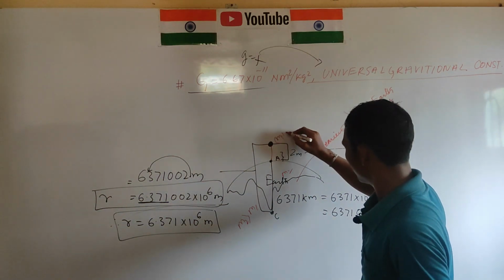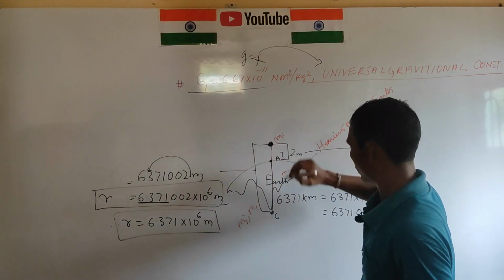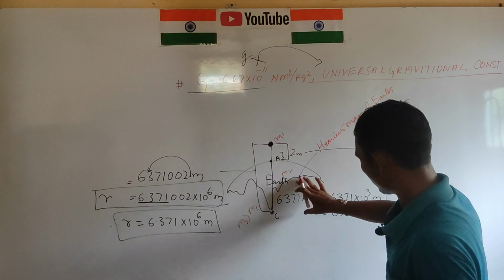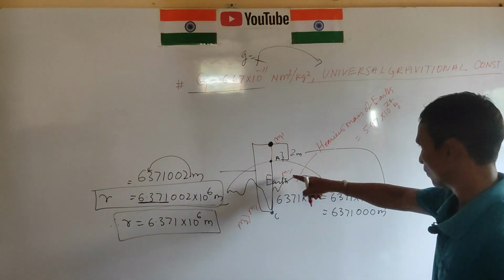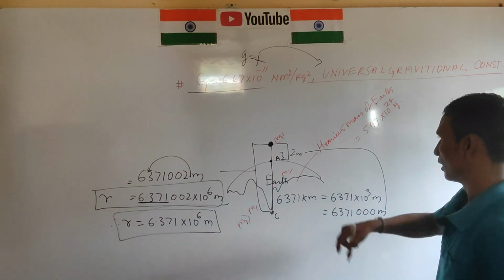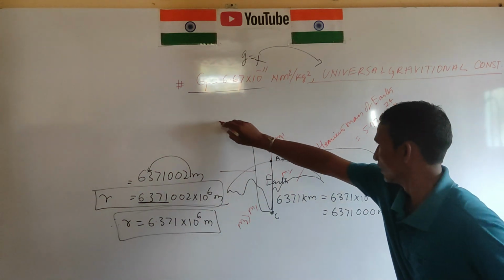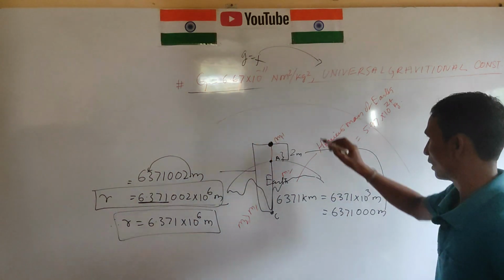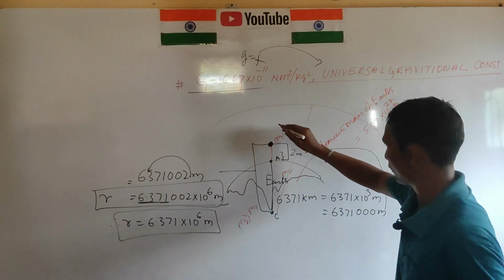Suppose that it is m1. We know the equation of the gravitational force. Okay, suppose that the body is situated in the gravitational field.